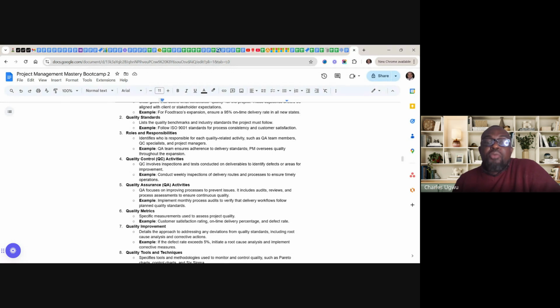Example, implement monthly process audits to verify that delivery workflow follows planned quality standard. So you can see how these two differ in a way, but we are still going to look into it further.